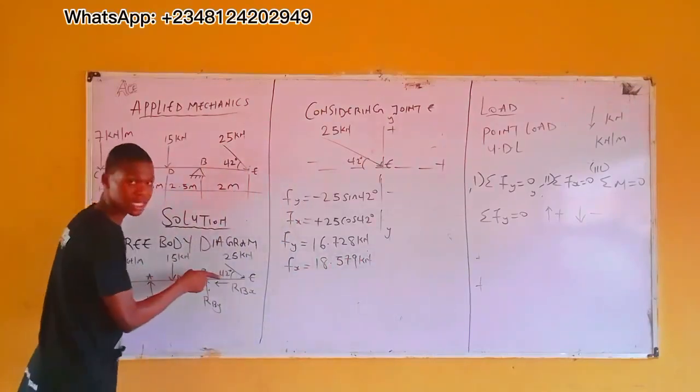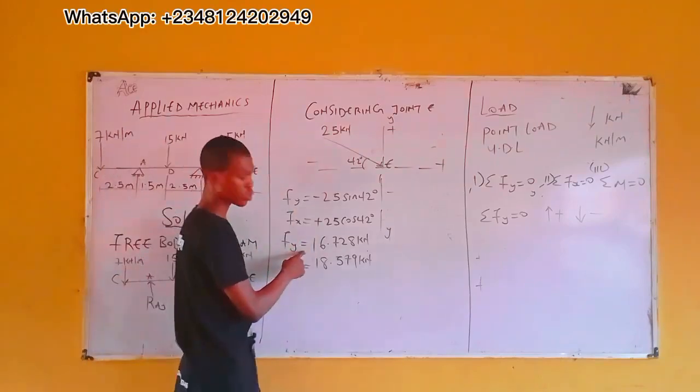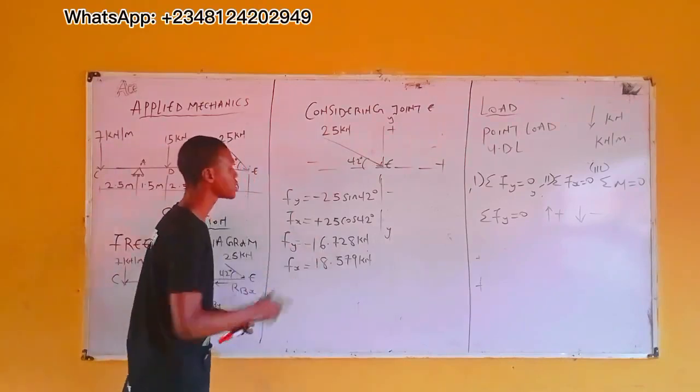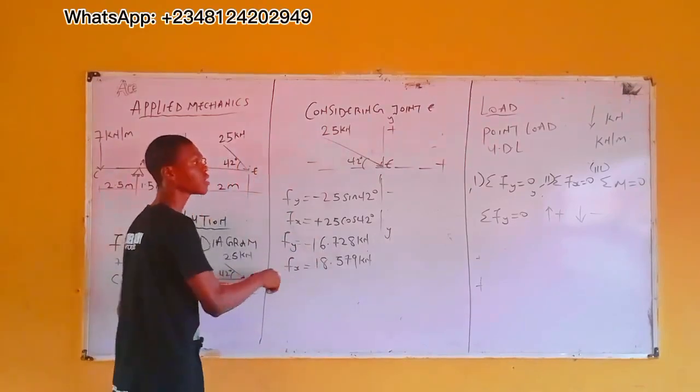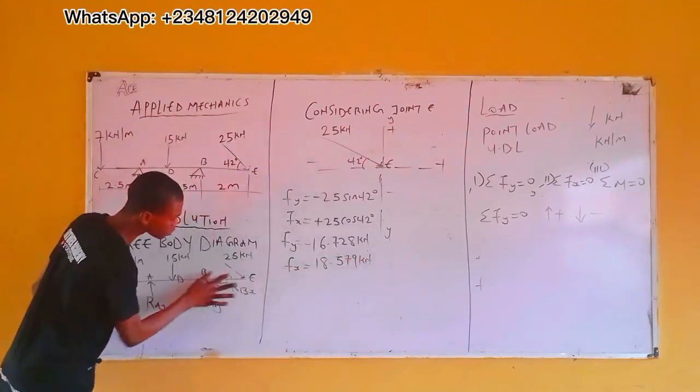In place of this inclined force, what do you have? You have a vertical force, which the value is what? Negative, not just 16, negative 16.728. And you have a horizontal force, which is what? 18.579. So let's substitute that.